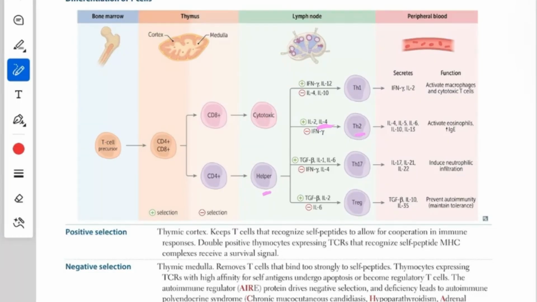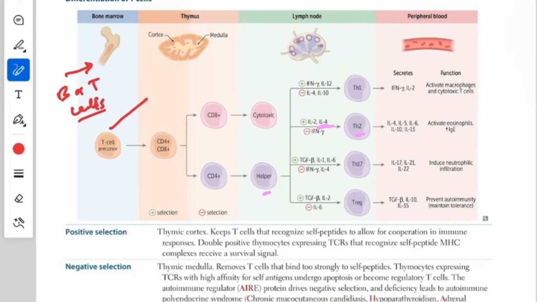To give you an overview of T cells, we said earlier that both B and T cells start in the bone marrow. B and T cells are born in the bone marrow. But the B cell stays back in the bone marrow to mature, and the T cell will leave the bone marrow, as you can see here.